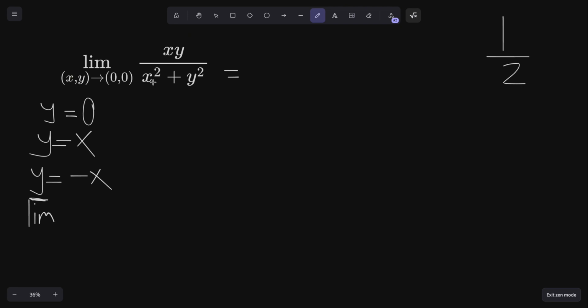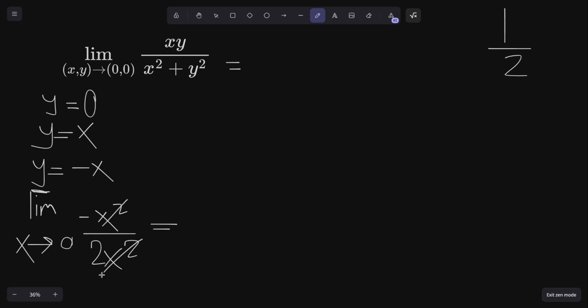If I plug in negative x here, I get negative x squared. If I plug in negative x here, I just get x squared. So this is 2x squared in the denominator. And this is going to be the limit as x approaches 0 now. The y is gone, and we're approaching in the x direction. The x squared cancels out.